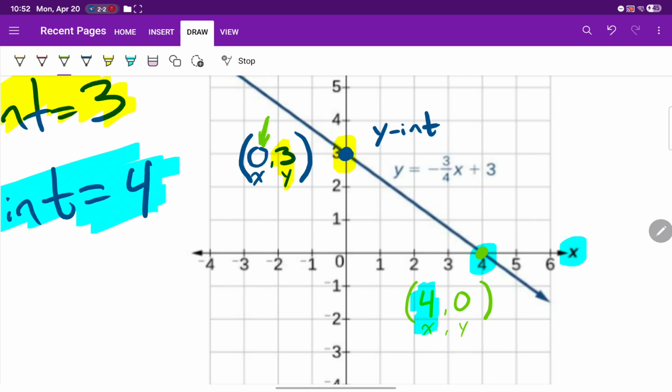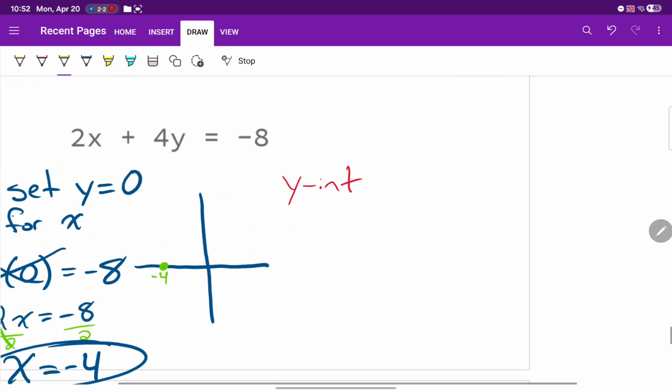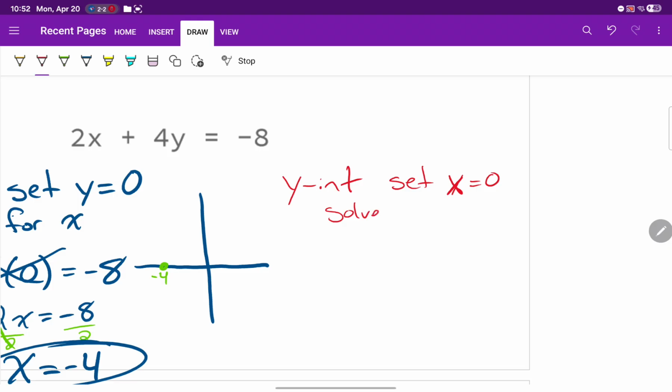And so if I'm looking to determine my y-intercept, we are going to set x equal to 0 and solve for y. I'm going to write 2 bracket 0 plus 4y equals negative 8. 2 times 0 is 0.